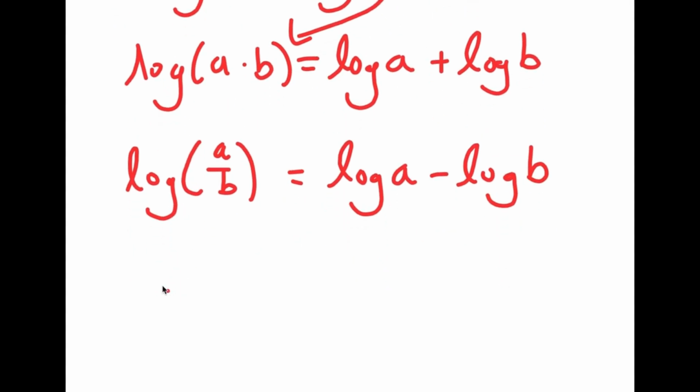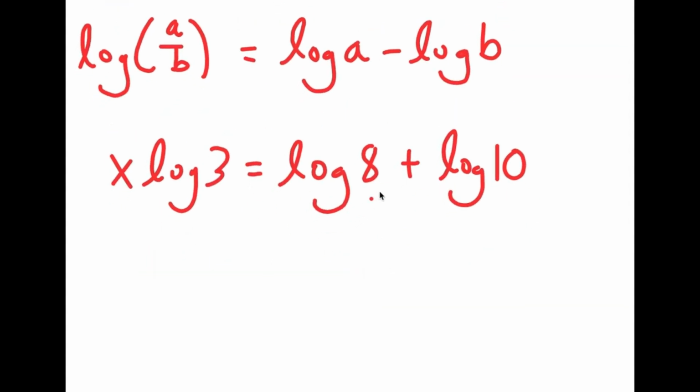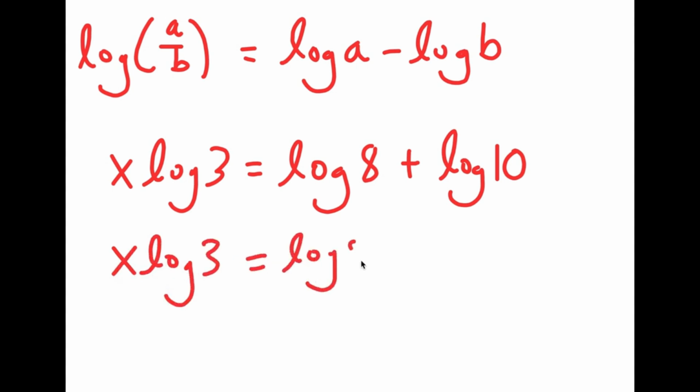So this is going to equal x log 3 is equal to log of 8 plus log of 10. Now, if you guys didn't already know, log 10 is simply equal to 1. So I get x times log 3 is equal to log 8 plus 1.